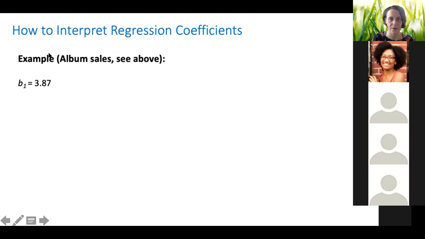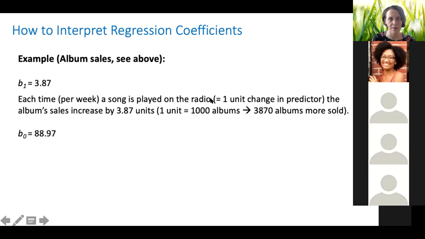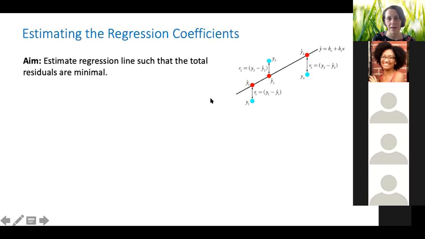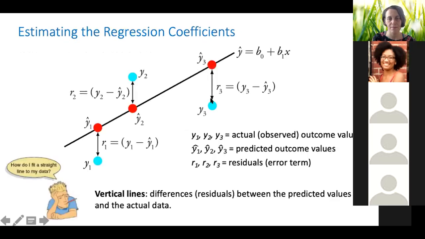And so let me move forward. Again, to remind you of the key terms. What our model is basically estimating is a predicted mean of our outcome variable given the specific value of our predictor.